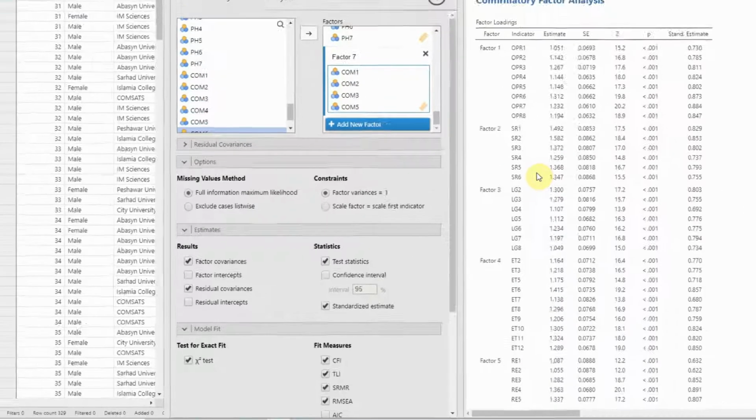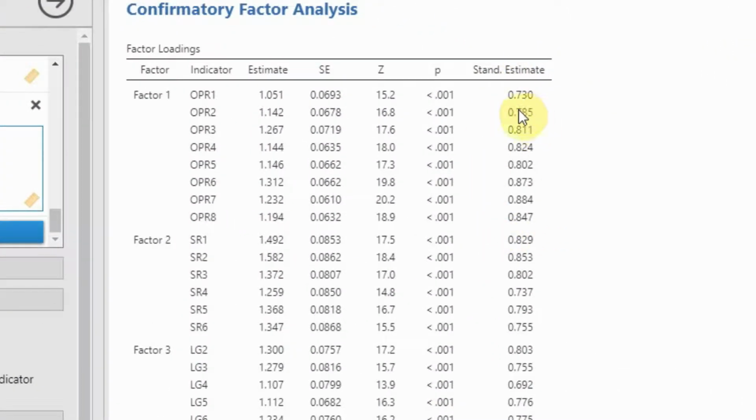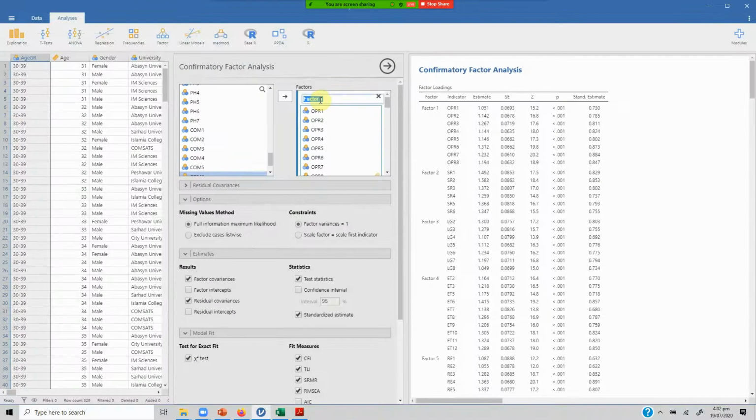Here are our results. We've got the loadings, the standardized loading, how well each of these items is representing the underlying construct. The factor 1, which is OPR, the factor 2, which is SR, the factor 3, which is LG, so on and so forth.